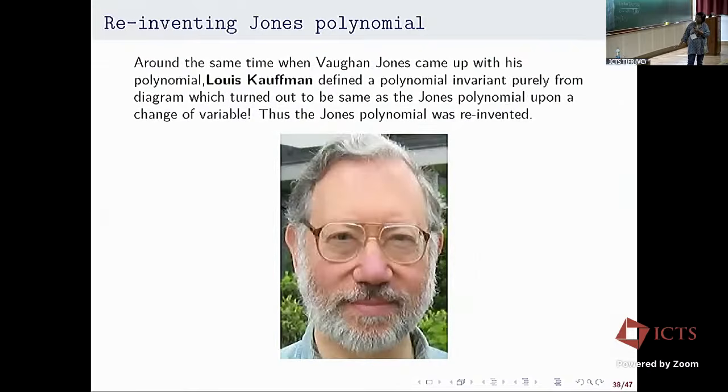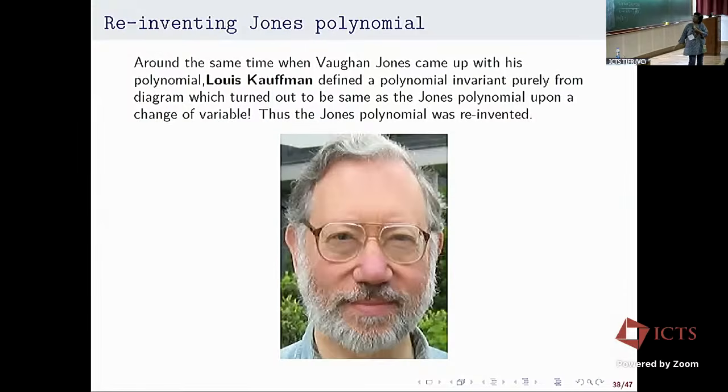And then the same invariant, because if two invariants satisfy the same skein relation, they are the same, was reinvented using diagram theory completely by Louis Kauffman. Jones defined his Jones polynomial using braids, a very advanced operator algebra approach, but he proved that these skein relations are satisfied.